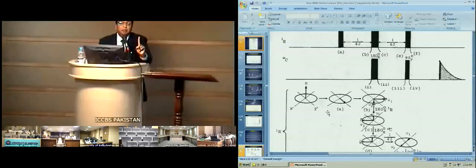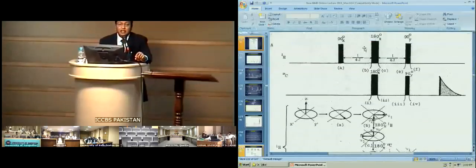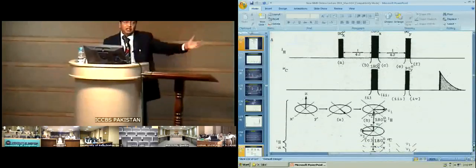Remember I told you that the coupling convergence cannot take place in a homonuclear system. When you give a 180H pulse, it doesn't really change the orientation of a coupled carbon because it is far beyond that.